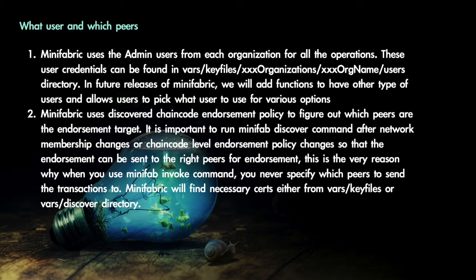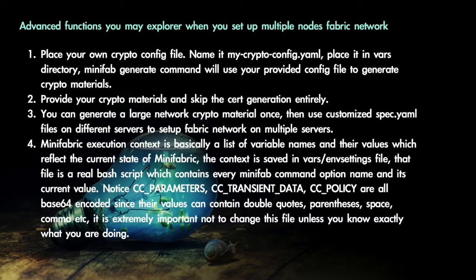This is the very reason why when you use the minifab invoke command, you never specify which peers to send the transactions to. Minifabric will find the necessary certs either from vars keyfiles or the vars discover directory.